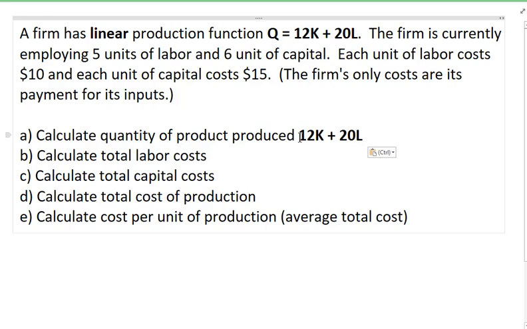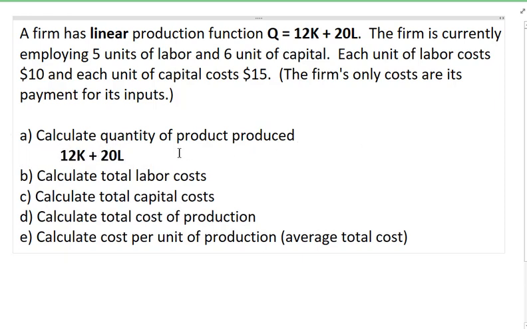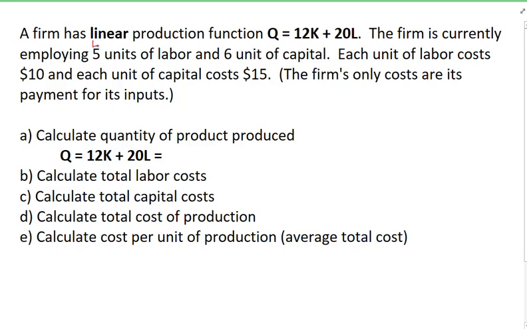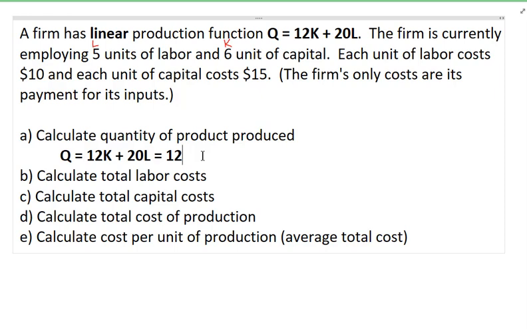And we need to plug in values for K and L. 5 units of labor, that's L. 6 units of capital, that's K. So we have 12 times 6 plus 20 times 5.